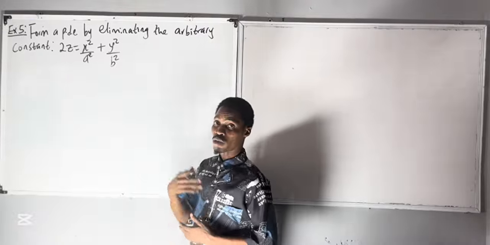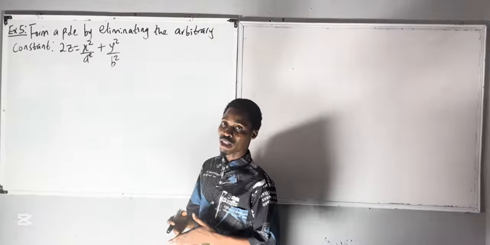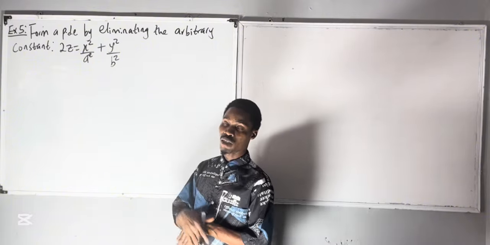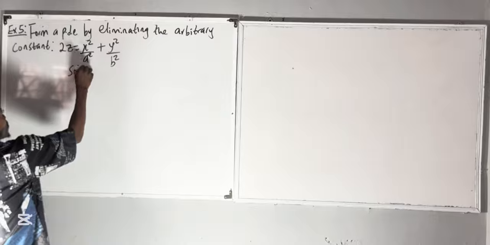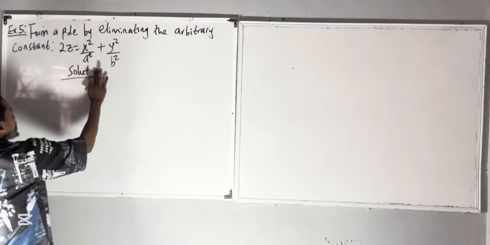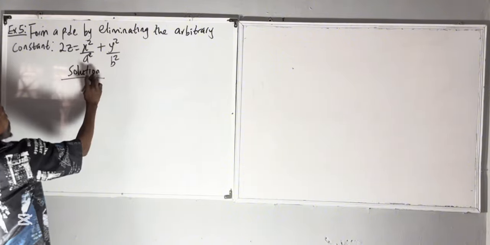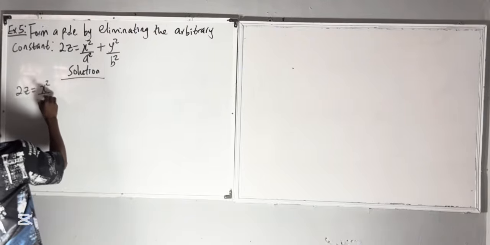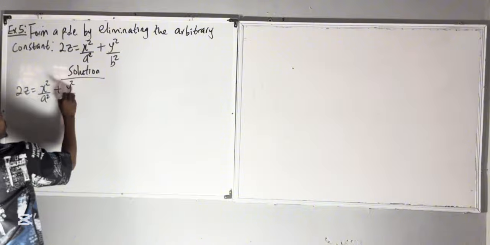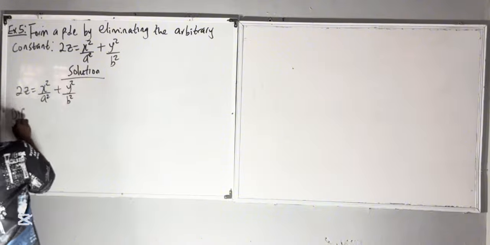So it means we are going to differentiate twice, partially with respect to x, and differentiating partially with respect to y as well. So the solution to this: 2z is equal to x square all over a square plus y square all over b square.